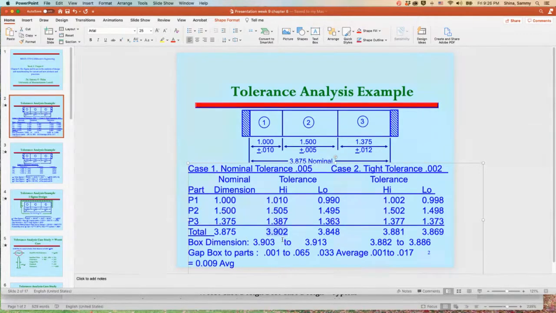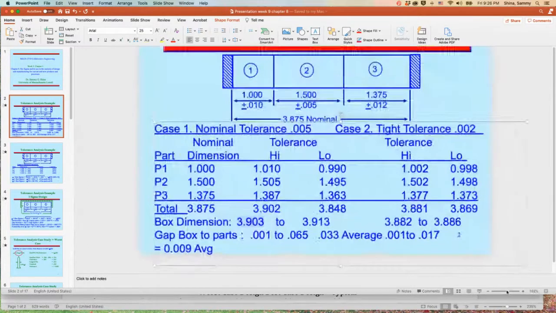We give it a clearance so it's not snug. If the highest high tolerance of all 3 parts is 3.902, we add 1 more thousandth, 1 more mil, and we have 3.903. Let's make that a little bit bigger.